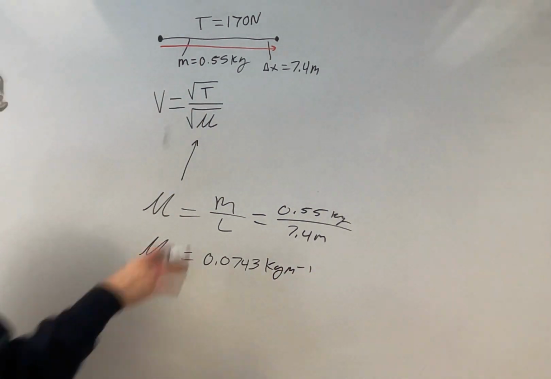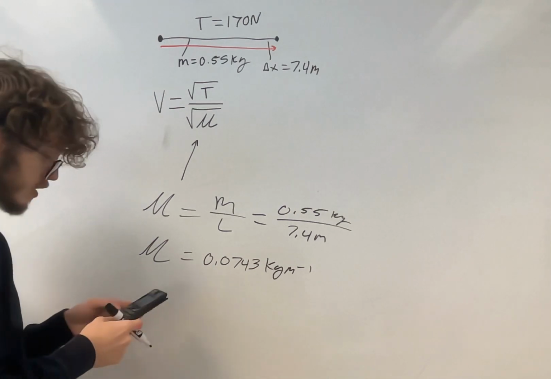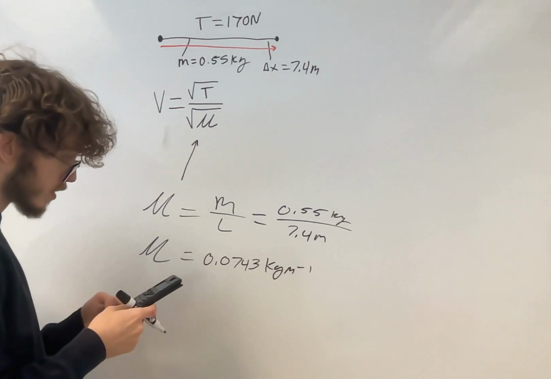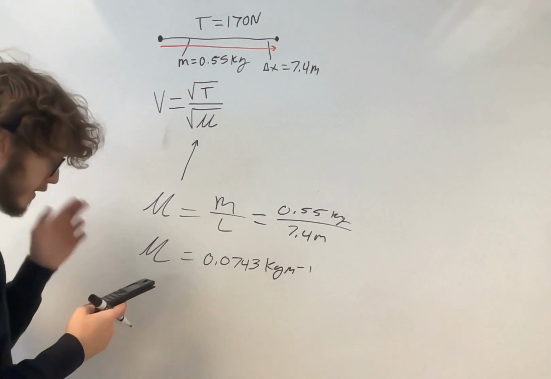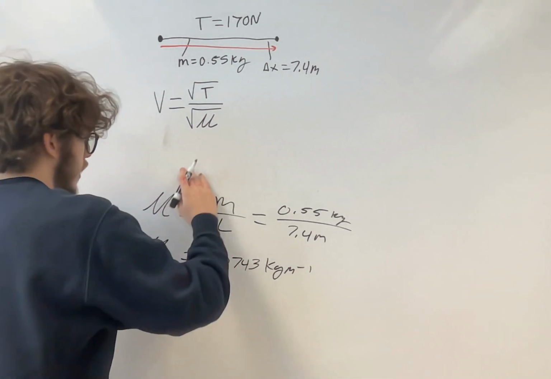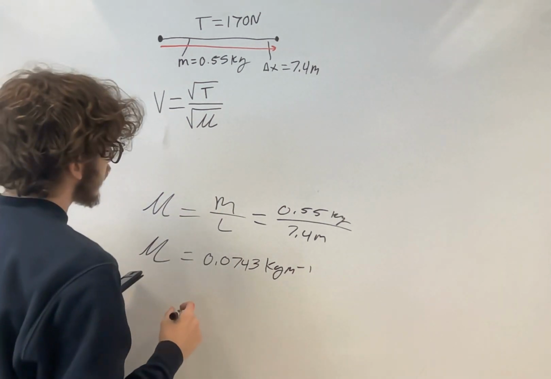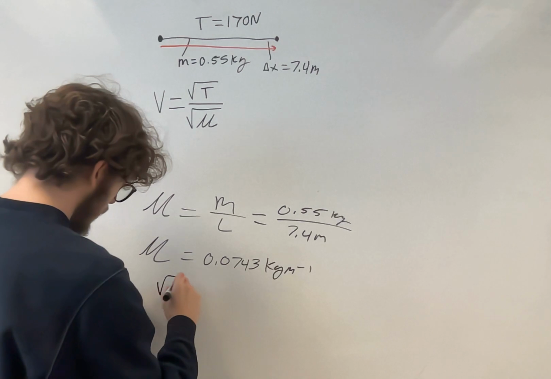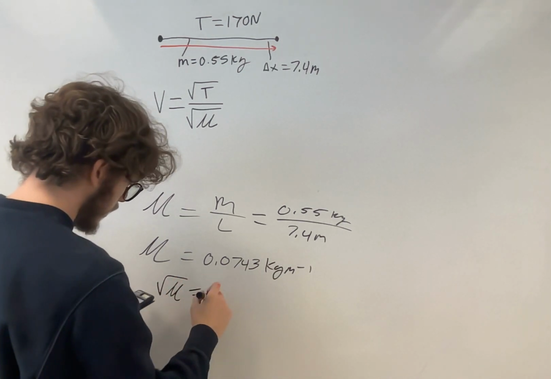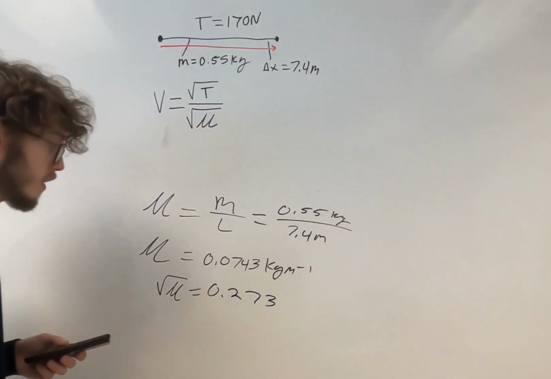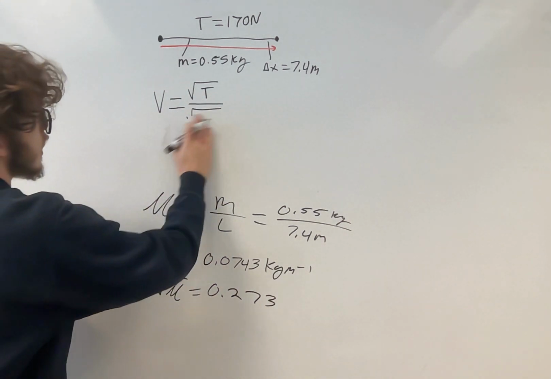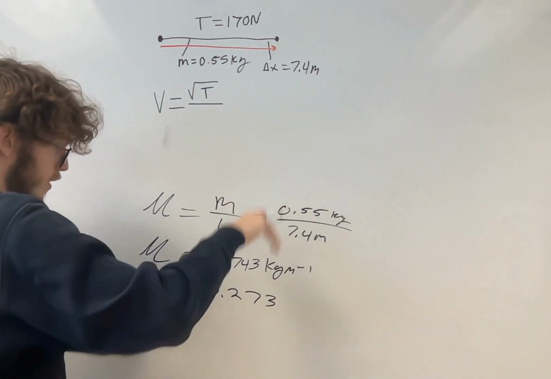Okay, we need to find the square root of that. So let's go ahead and take the square root of this number to give an approximation. Again, it's not exact. So I'll go ahead and say that the square root of mu, or the linear mass density, is 0.273. Okay, so let's just plug that in right here. And I'm not going to put units on it.